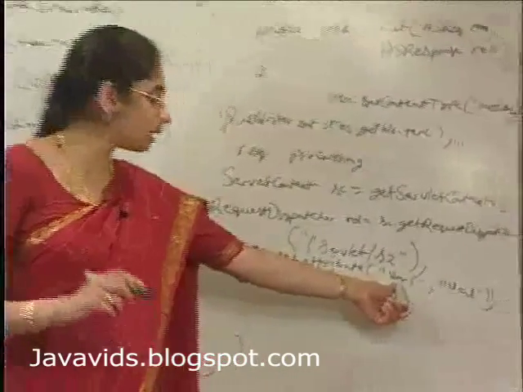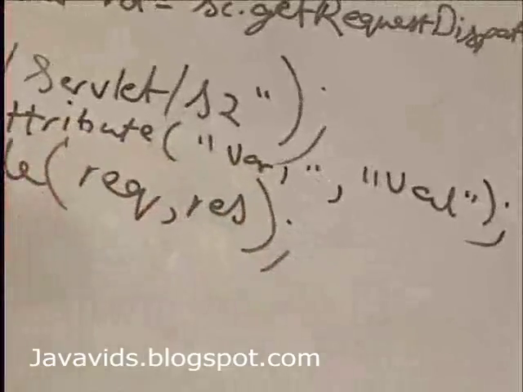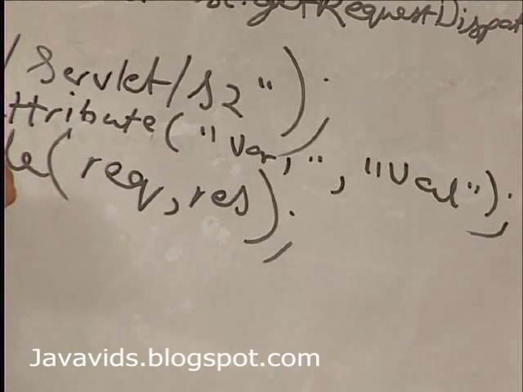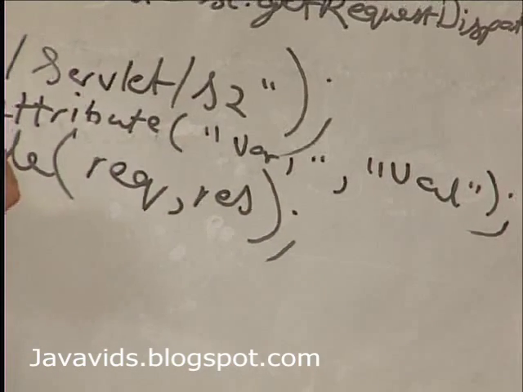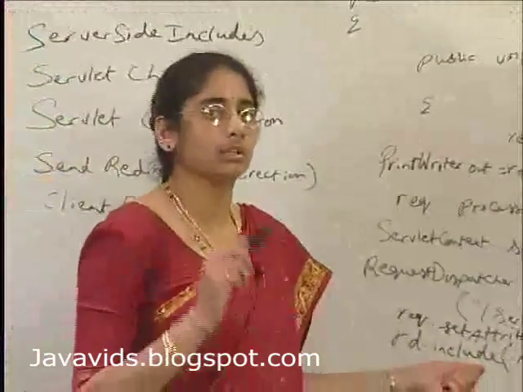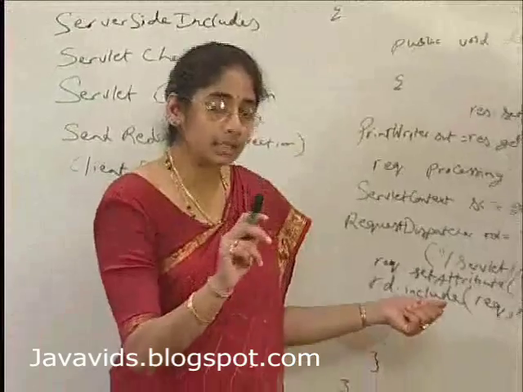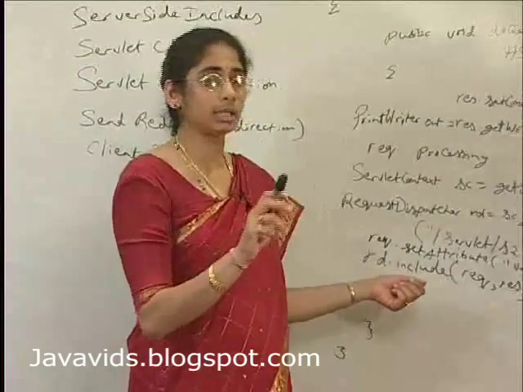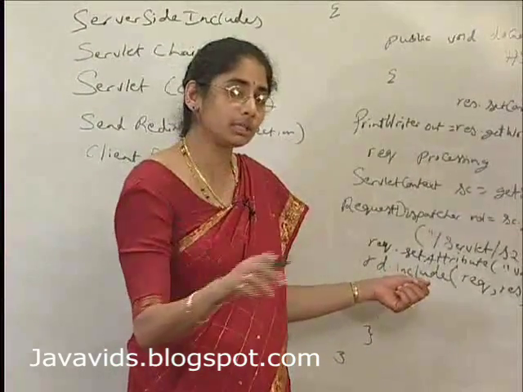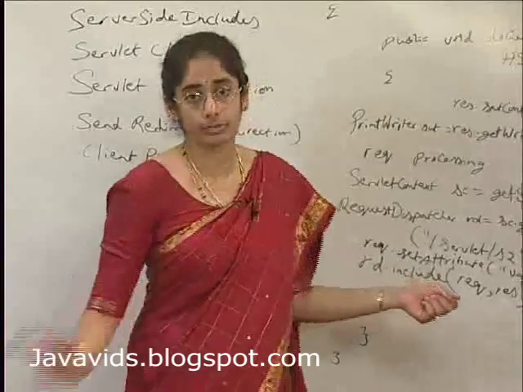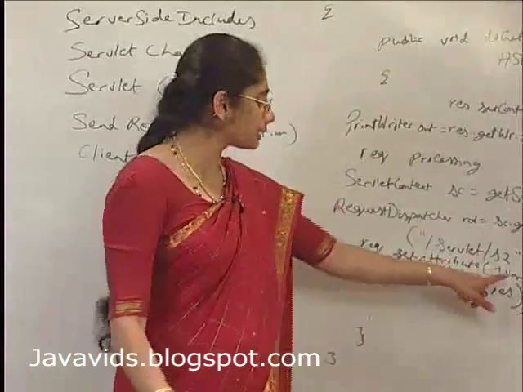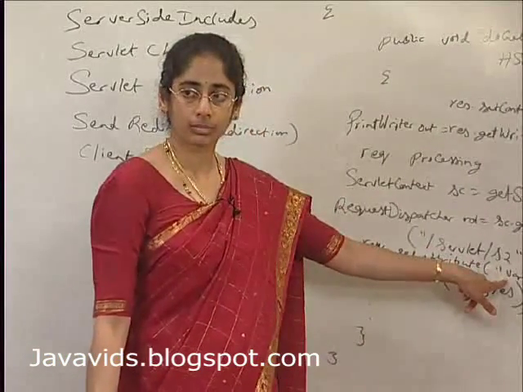By placing a variable into a request object using setAttribute, you are placing data into a request scope, which means that within that single request of that particular user, whatever pages you invoke using the include or the forward, you can access such variables.